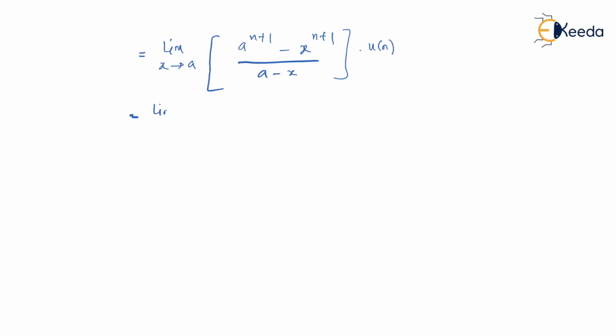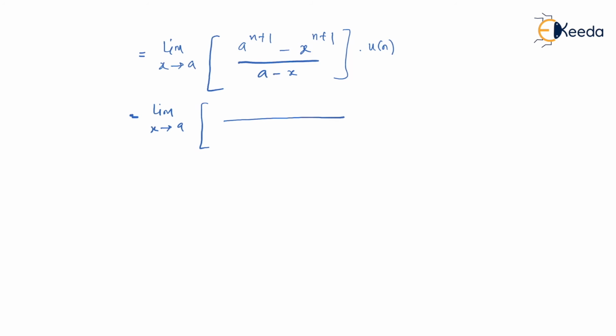I'll write the previous term again here so that we have a proper continuation. Limit x tending to a of a to the power n plus 1 minus x to the power n plus 1 divided by a minus x, dot u of n. Now this is equal to limit x tending to a, differentiating numerator and denominator with respect to x.